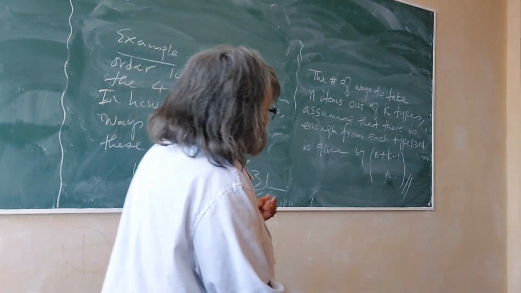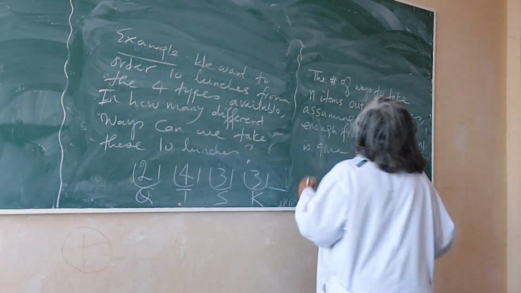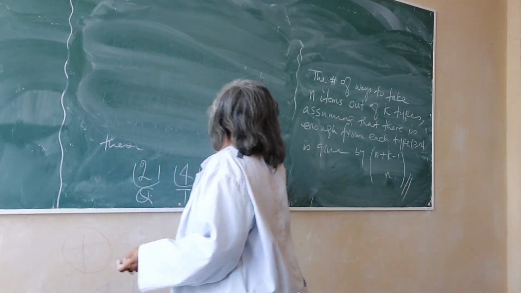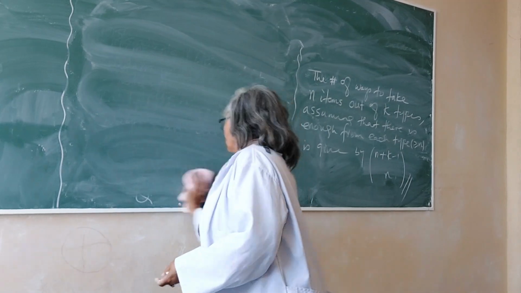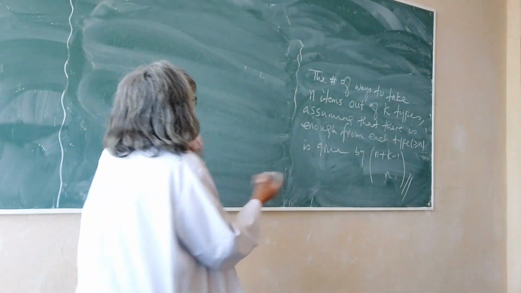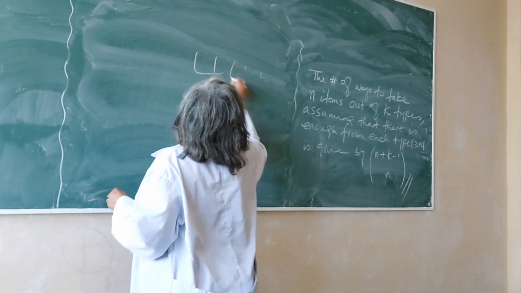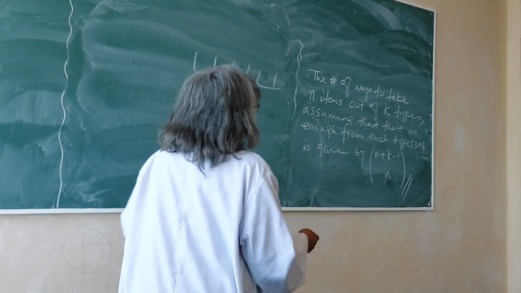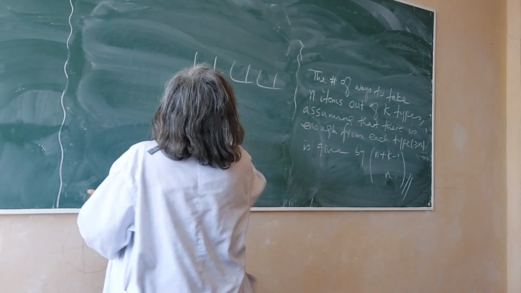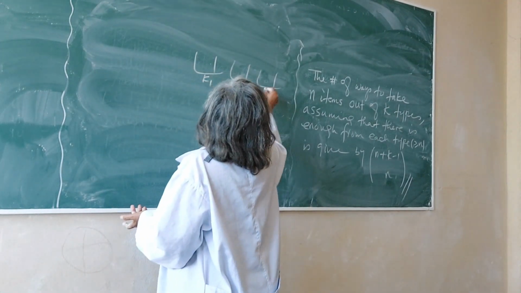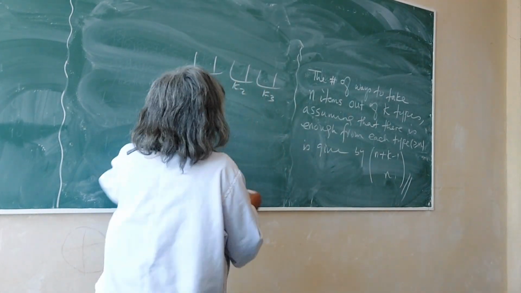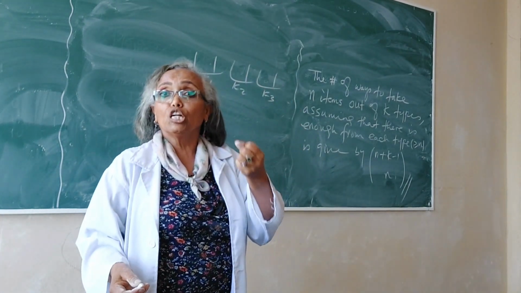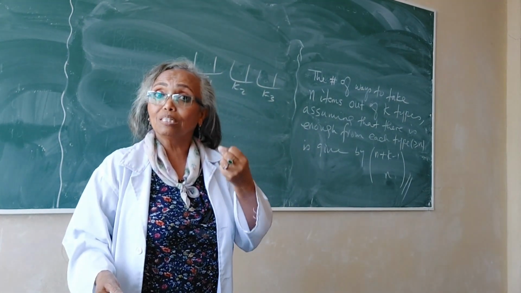Again, this is not the only problem we can solve using this number. As we have seen earlier, if we distribute, for example, 7 candies to 3 kids, this is kid 1, this is kid 2, this is kid 3, and all in all, the sum of the candies in the 3 boxes should be equal to 7.